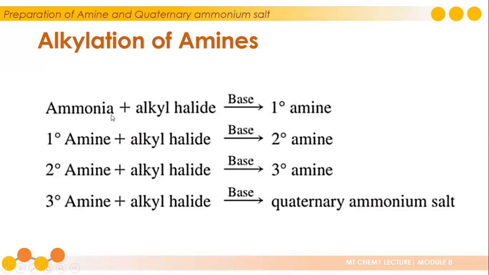We have ammonia. If you add an alkyl halide and then catalyze with a base, it will produce a primary amine. If you add an alkyl halide to a primary amine with a base, it will produce a secondary amine. And then adding it further will produce the final product, which is a quaternary ammonium salt.